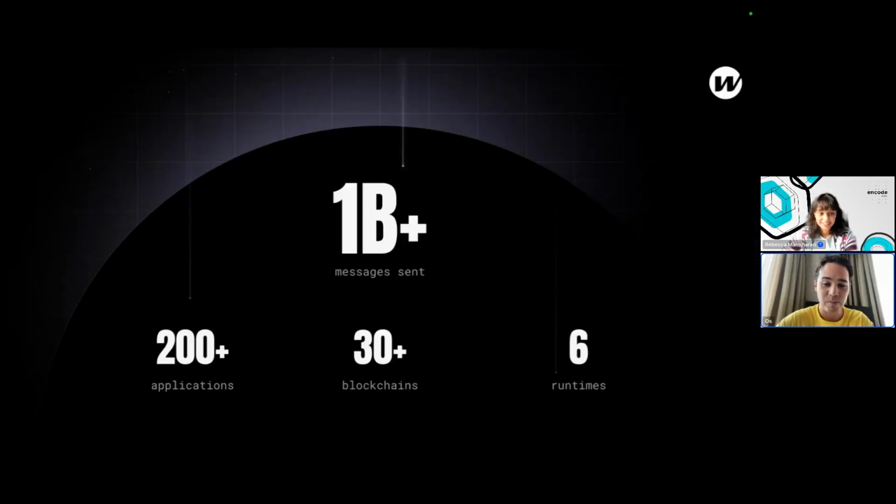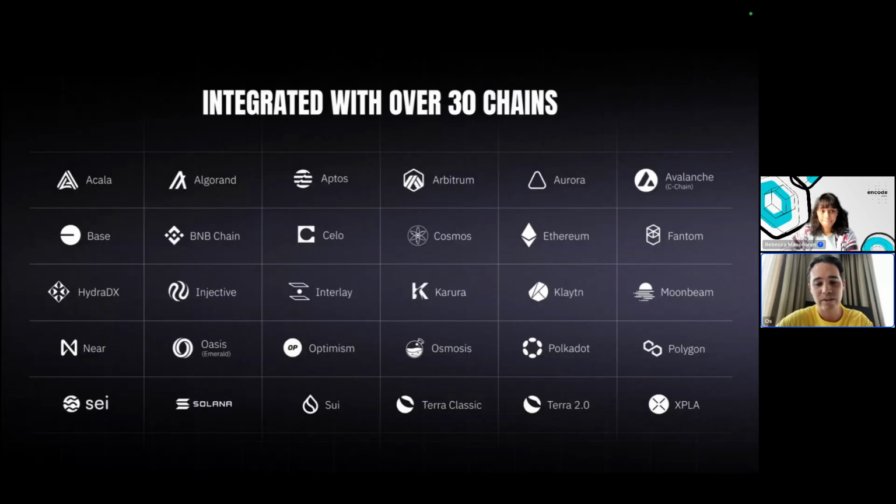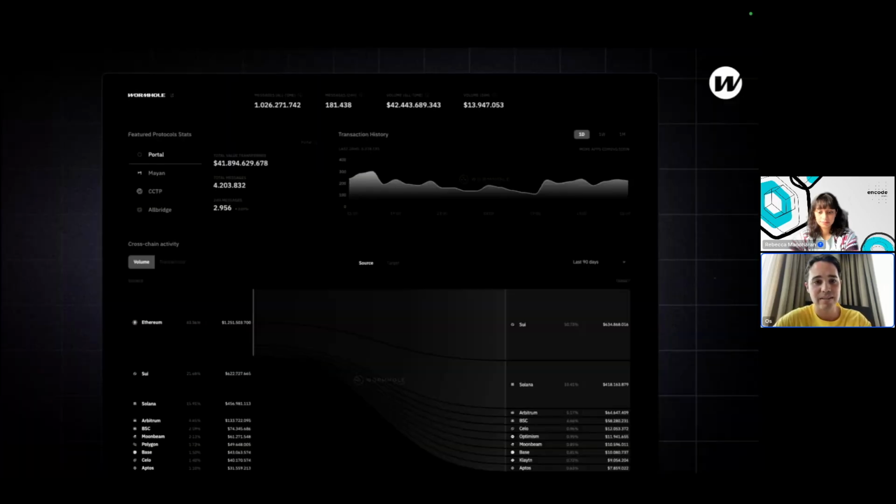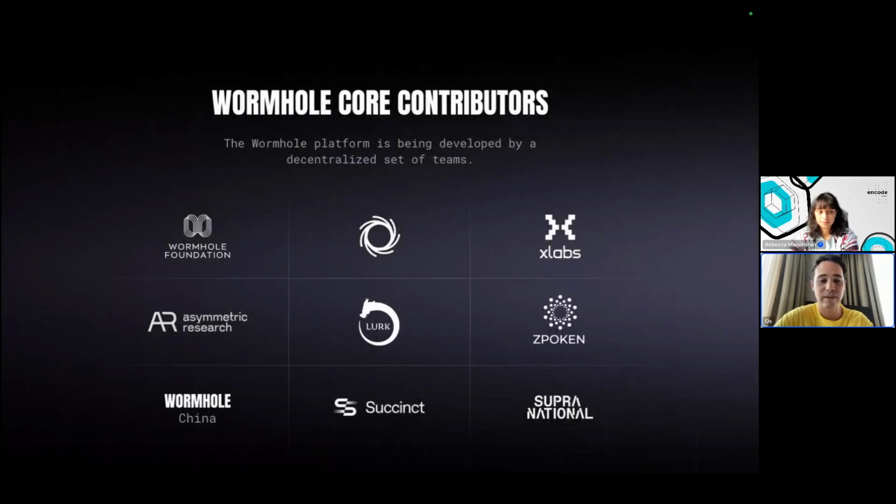So yep, here is Wormhole by the numbers again. We're actively enabling this, and our strength lies in decentralized development. These are some of the chains that we support, and our strength really lies in the set of contributors from around the world, including significant contributions from Asia as well.